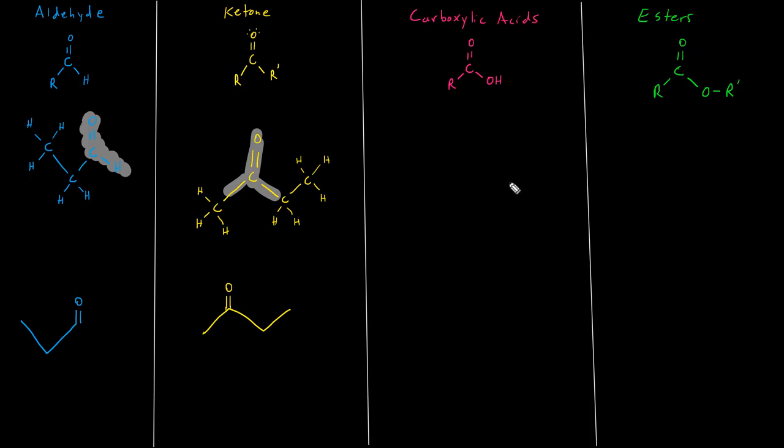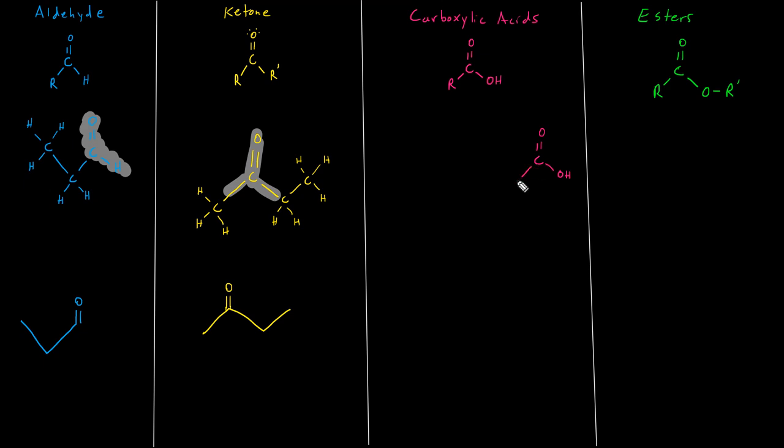With carboxylic acids, we're going to have that OH. So again, these are going to end the carbon chain because they're not going to be able to keep going with that OH there. So let's say we have a 5 carbon carboxylic acid. We're going to have that C double bond O at the end with the OH.